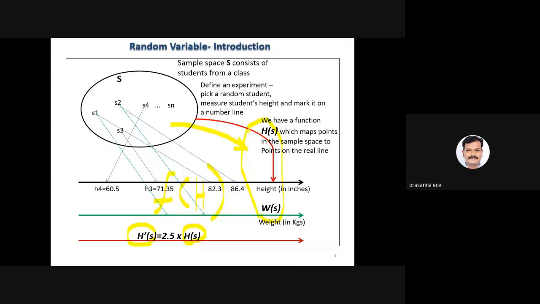There are some random variables which are direct functions of the sample space, and some random variables are functions of other random variables. Like this, we can create numerous random variables. Any number of random variables can be created either directly from the sample space or as functions of other random variables.